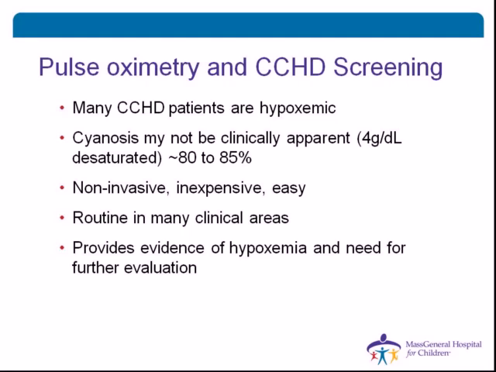The thought of using pulse oximetry in congenital heart disease screening was thought to be promising, given that it's relatively routine in many clinical areas. It's non-invasive and inexpensive and fairly straightforward. And presence of hypoxemia would provide further evidence that a patient may require ongoing evaluation for a congenital heart lesion.